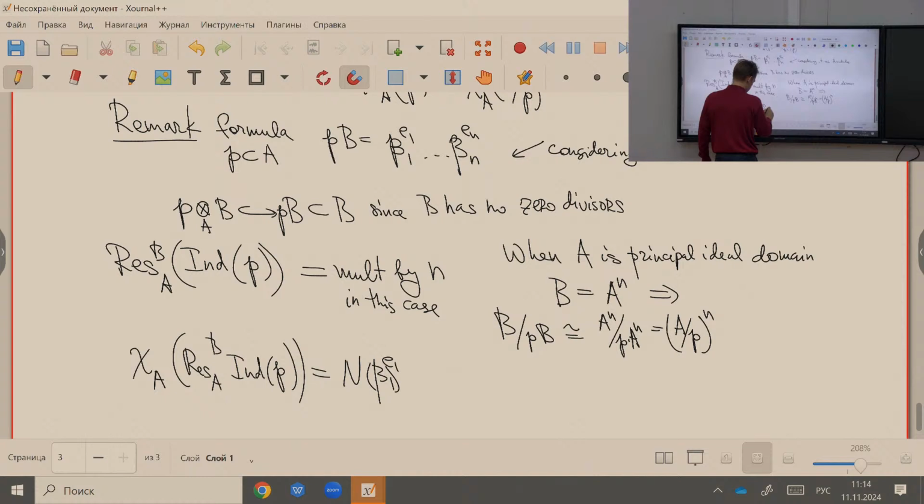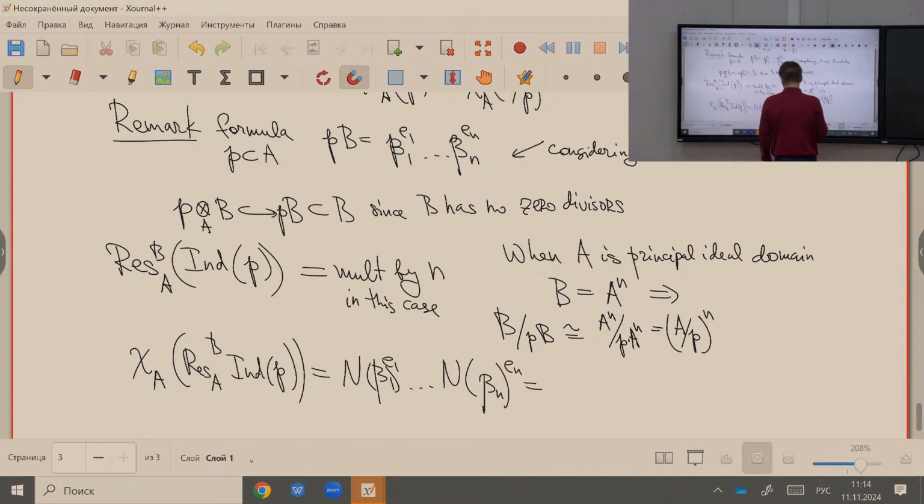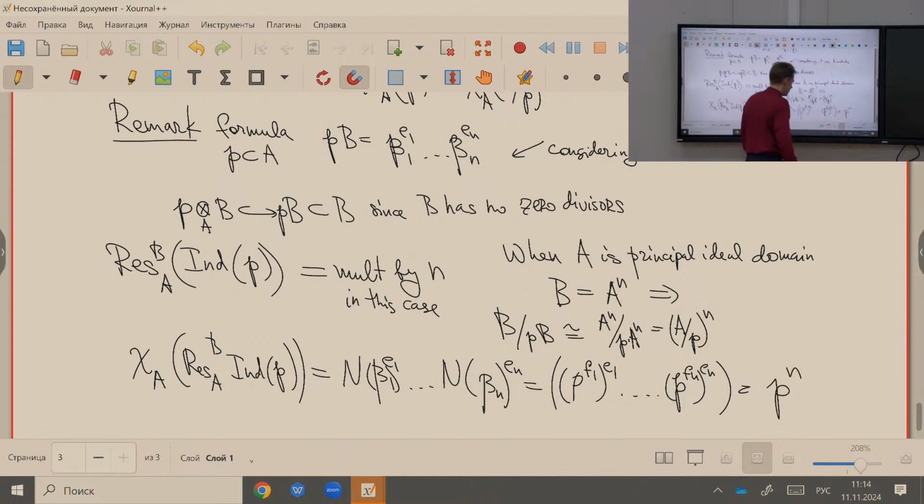I can write it down by multiplicativity. And this is not surprising: we get P to the f_1 E_1 times etc. P to the f_n E_n, which is P to the power n. So this is also multiplication by n.